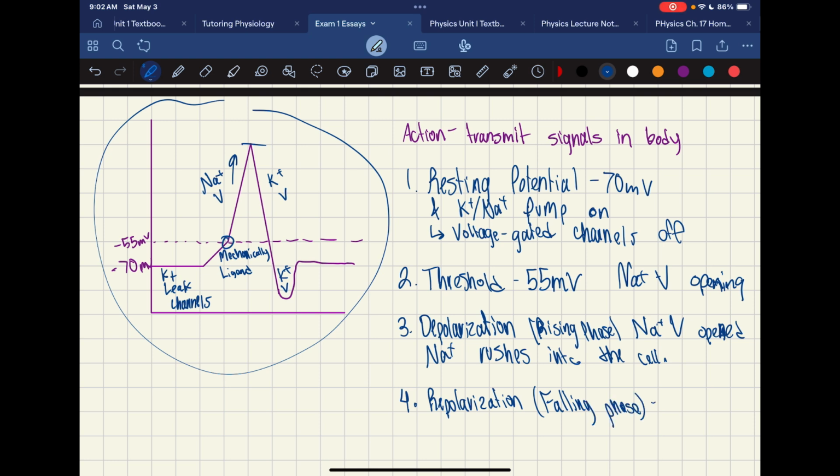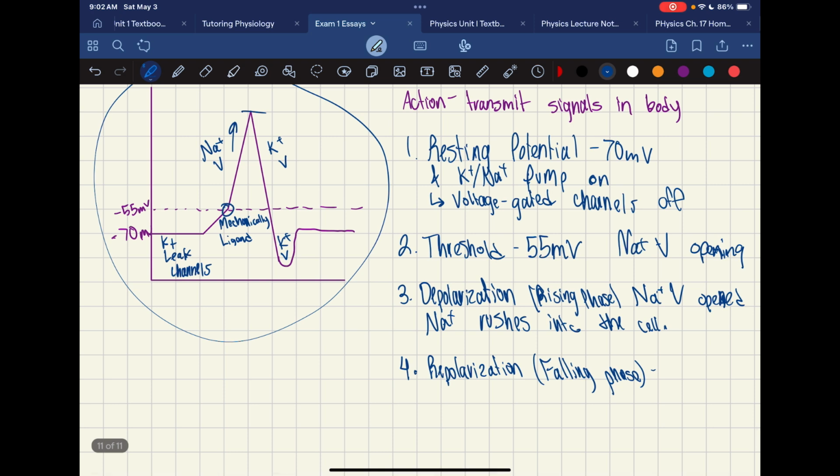So sodium channels inactivate. Those close. They are plugged up by, if y'all remember what this is, that's not super crucial to this topic today.